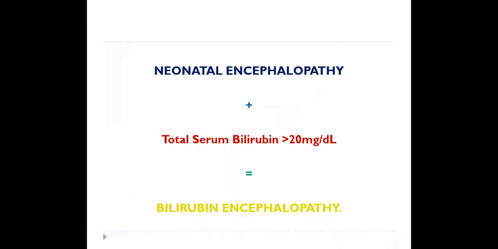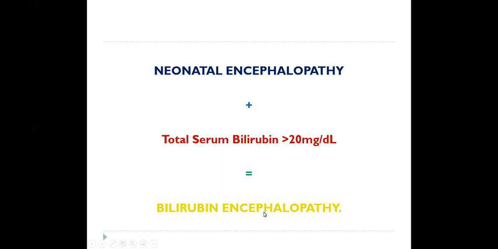Okay, it's a very interesting topic to me. My main research line at this moment is bilirubin encephalopathy. What is bilirubin encephalopathy? It is a neonatal encephalopathy plus total serum bilirubin more than 20 milligrams per deciliter.